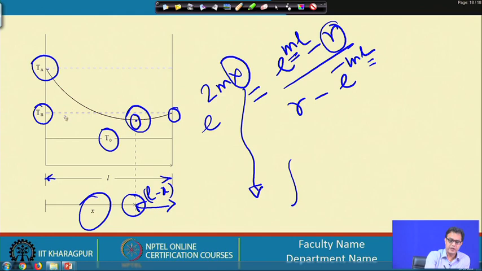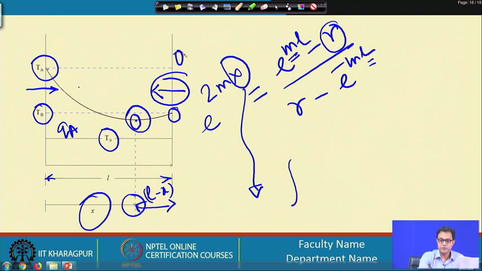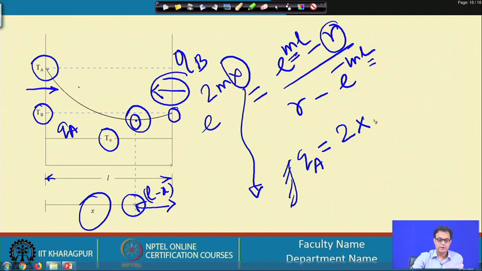One is, say, QA, the heat transfer from this plate to the fluid through this fin, and the other is QB from this side. We have already found that earlier, and this would become twice x into h into theta a and then eta a.